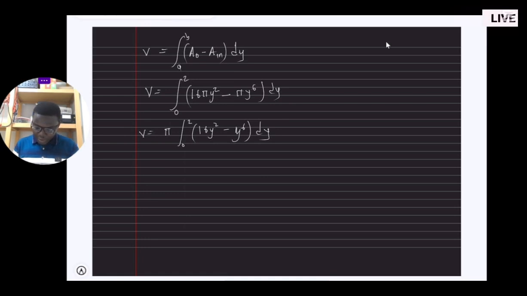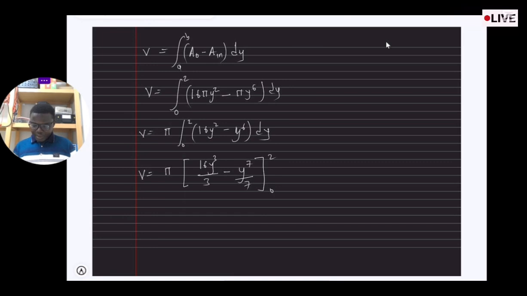So V is equal to pi times 16 y to the power 3 over 3 minus y to the power 7 over 7, with the limits of integration 0 to 2.